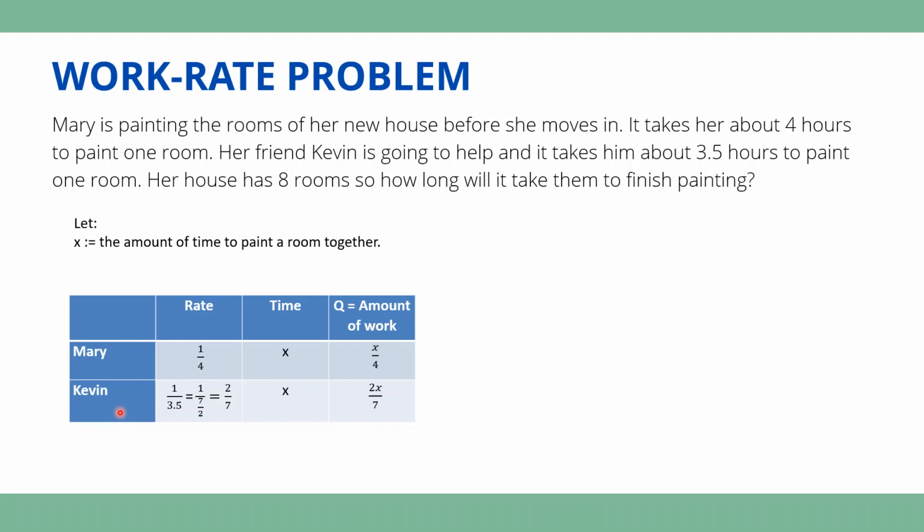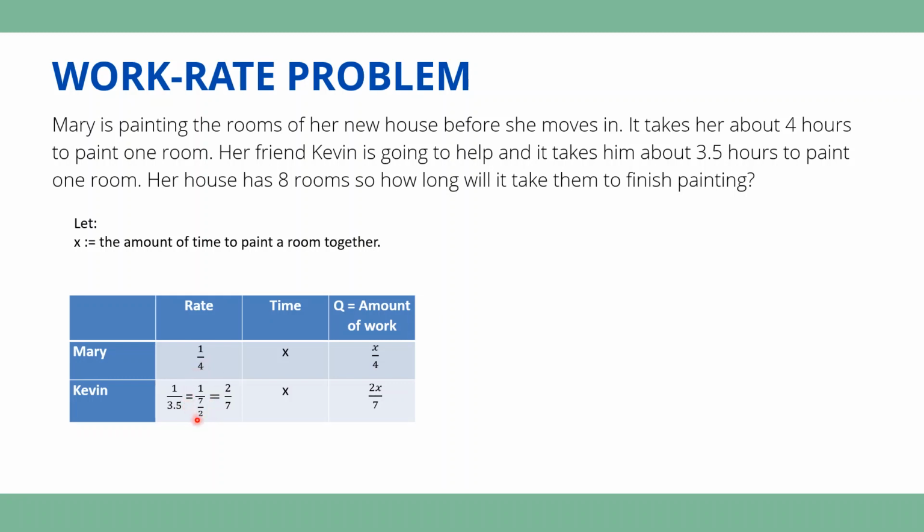So, his rate per hour will be 1/3.5. However, let's represent it as a fraction to be more exact. 3.5 is equal to 7/2, so we write it as 1 all over 7/2.